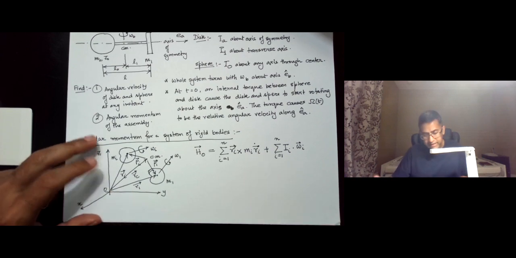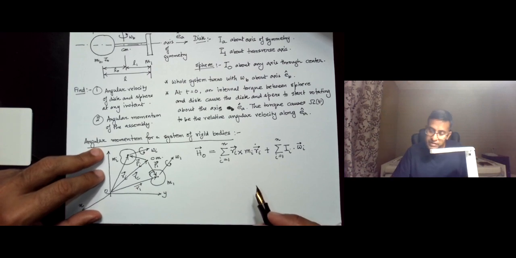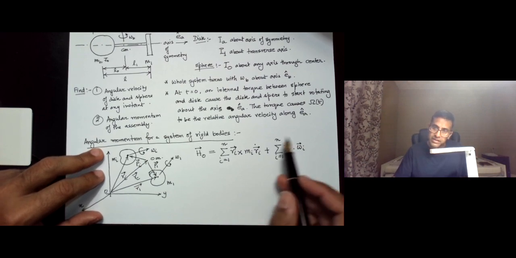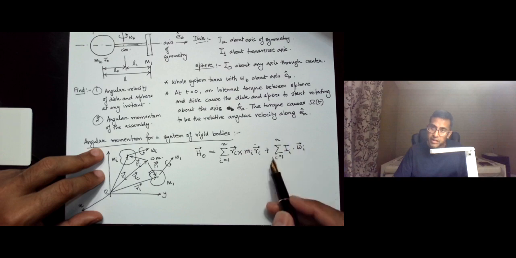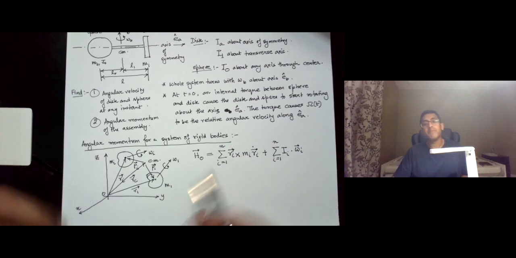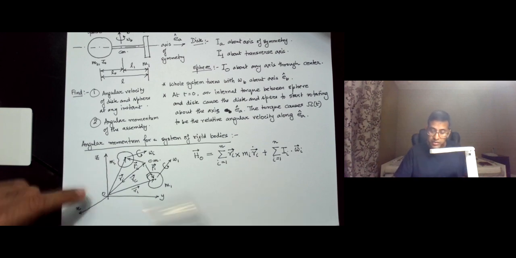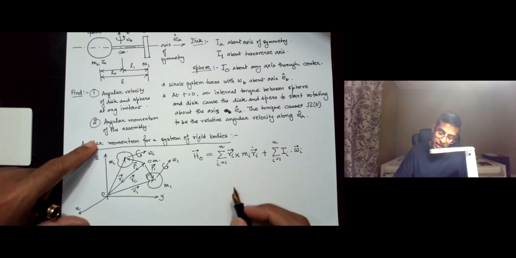R dot I is the velocity of the center of mass of the individual rigid bodies. So you can see this is of the rigid bodies with respect to themselves, and this is because of the motion of the center of mass of the rigid body with respect to the origin. All right.